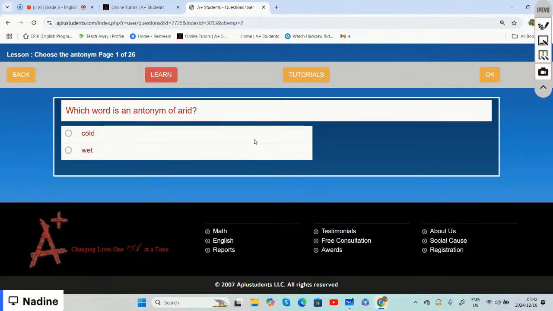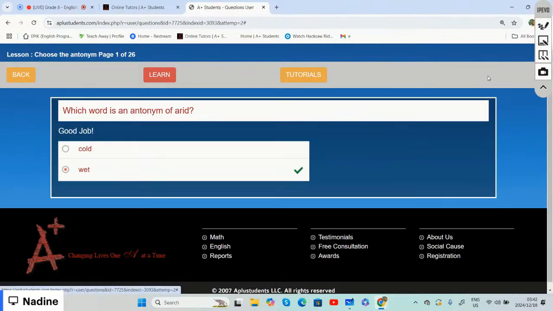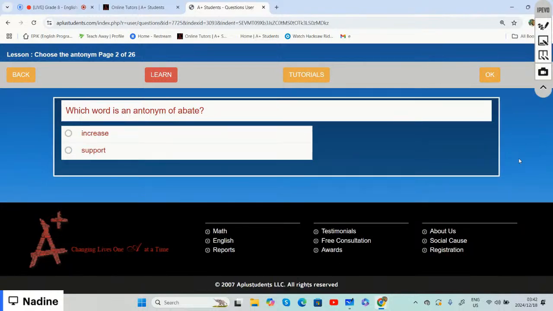I think it is wet, because arid has to do with little or no rain, or being dry. So arid means it's almost like the land is dry, with little or no rain, which means that the opposite of arid is of course wet. There's a lot of rain, right?